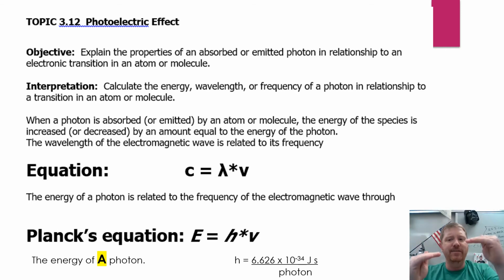And that'll make a lot of your concepts in some of these mole equations easier because you'll be like, well, if I have a mole of photons, I have 6.022 times 10 to the 23rd photons because that's a mole. So that's where a lot of kids mess up in here, is the Planck's constant really should say per photon.